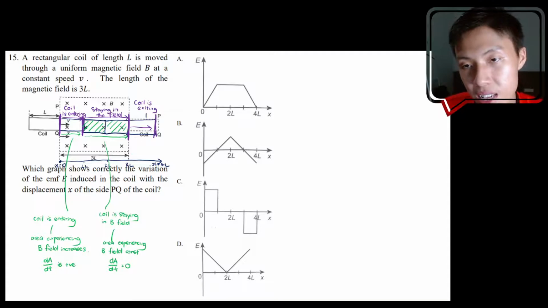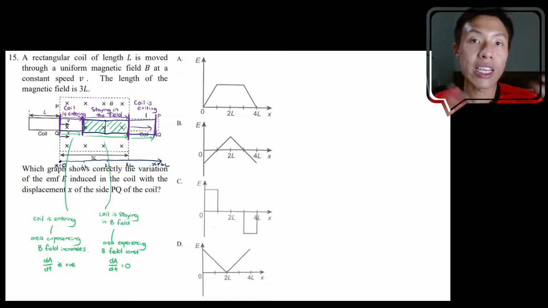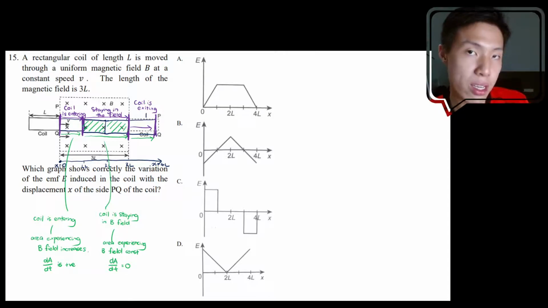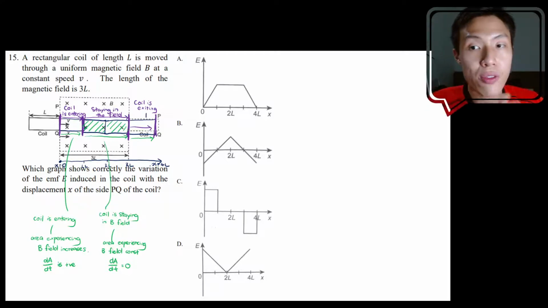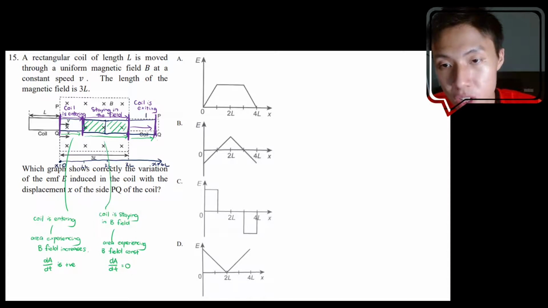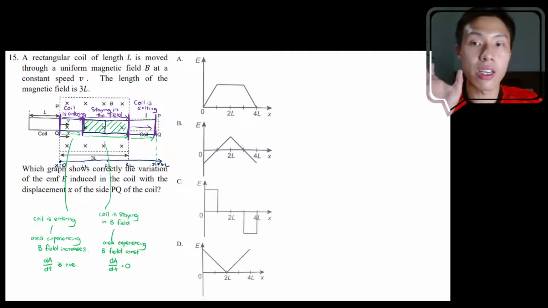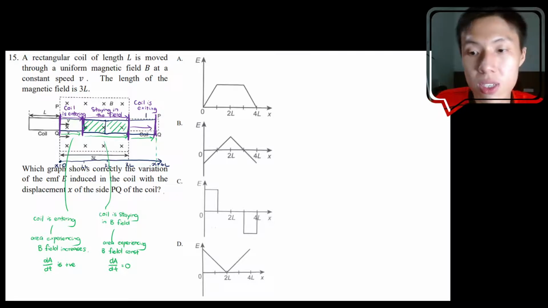Okay, lastly, for the last section of the journey over here, when the coil is getting out, it's gradually exiting the magnetic field. So the area that is experiencing the magnetic field will slowly decrease until it fully exits the uniform magnetic field. When PQ reaches 4L, the coil has fully exited the magnetic field, so the area experiencing the magnetic field will go back down to 0.